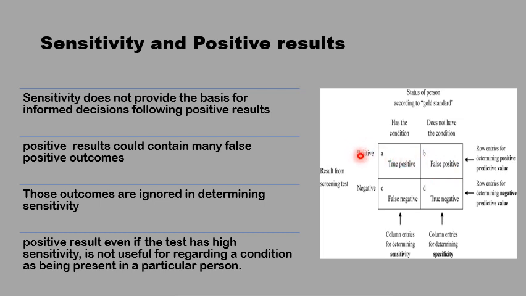A positive case by the new test could be true positive or could be false positive. So analysis along the horizontal axis is required rather than along the vertical axis to produce things like the positive predictive value and the likelihood ratio. High sensitivity should not be confused with having a higher chance, if the test is positive, that you are actually having a truly positive result.